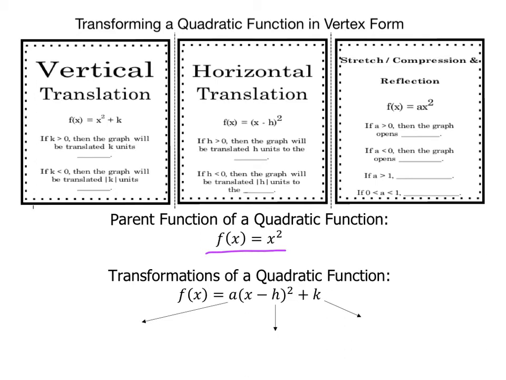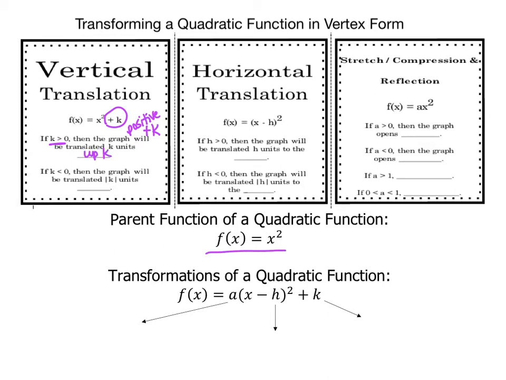Okay, so we're going to look at a vertical translation. Vertical would be up and down. That's going to be the value being added at the end of our quadratic. Okay, so if k is greater than 0, so if it's a positive number, let me add that. If it's positive, we've got a plus k, then we are going to translate the function up k amount.